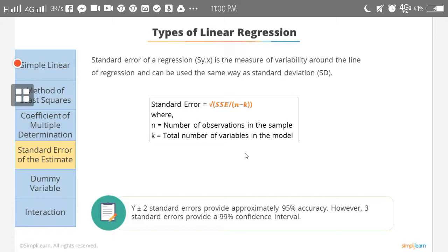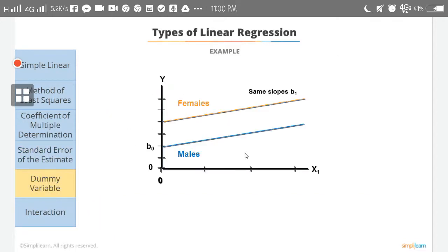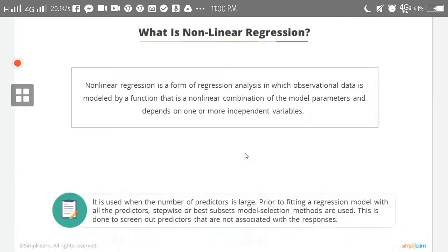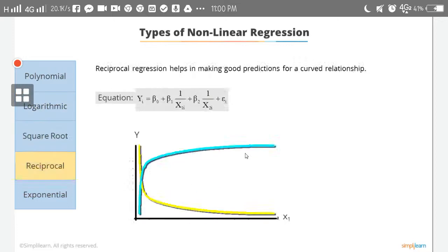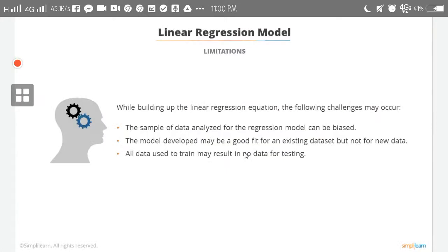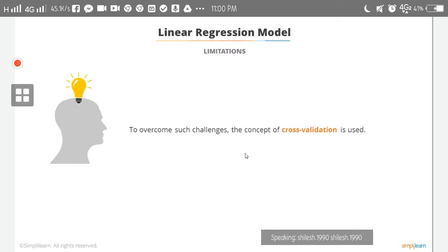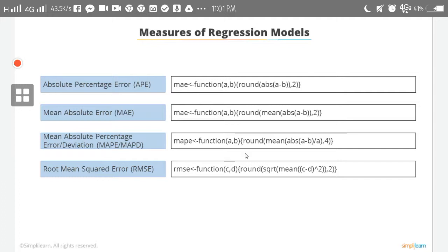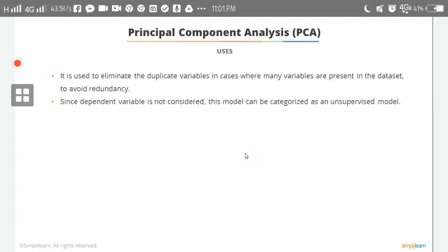What is dummy variable and what is interaction variable? And thereafter we'll go to nonlinear, which is just to see the equations. Cross validation is also a very easy thing. And then TCMF. Cool.